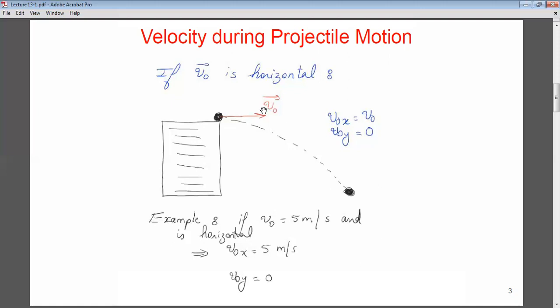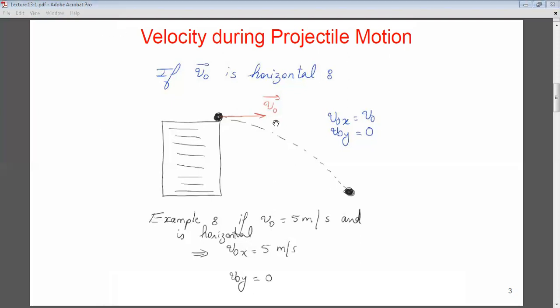It is not extending up or extending down. So here we say the v initial is horizontal, v initial x will be the whole of v initial, and v0y will be 0. For example, if they say v0 equals 5 meters per second and is horizontal, this means v initial x is 5 meters per second and v initial y is 0.